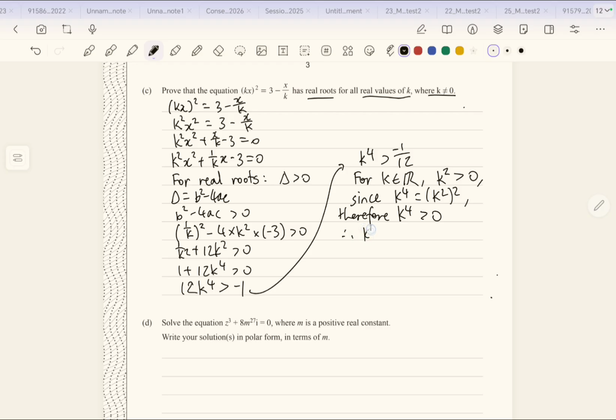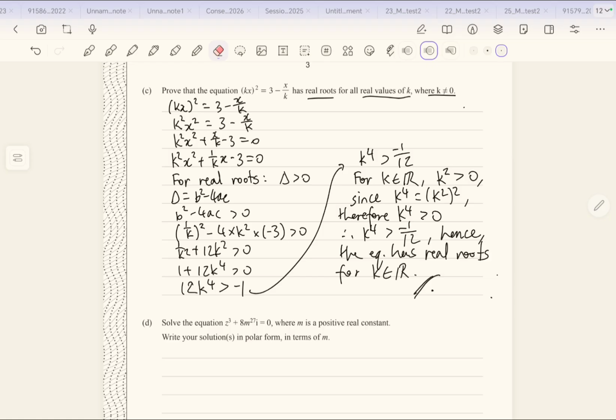Therefore, k to the 4 will always be greater than negative 1 over 12. Hence, the equation has real roots for when k is part of the reals. Therefore solved. And for this question, let's see the marking scheme.